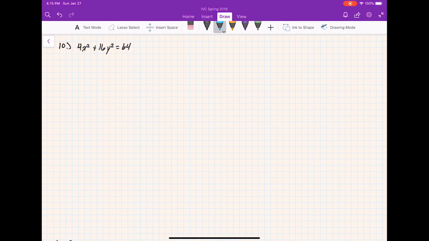And in 10, 11, and 12, we are supposed to find out if this is going to be symmetric to the x. Is the equation symmetric to the x-axis, y-axis, and the origin?